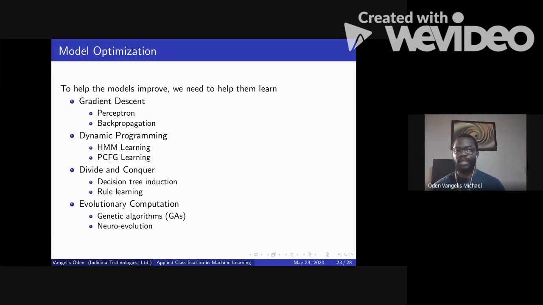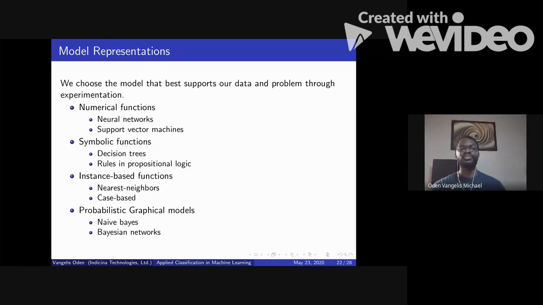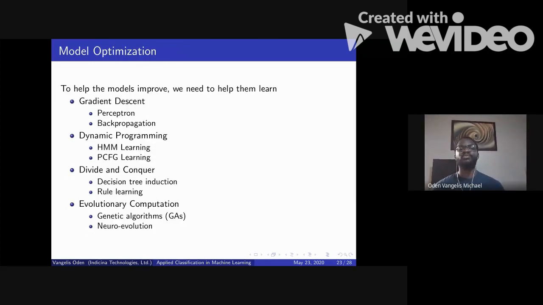For the model optimizations, now you've selected a method. So let's say we selected a neural network model, and we try to help the model improve. How do we help the model improve? We need to find an optimization technique, right?